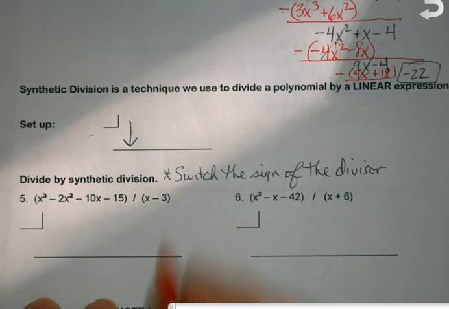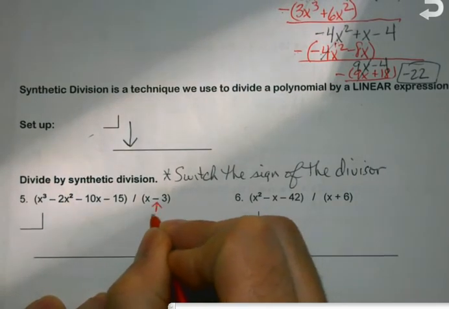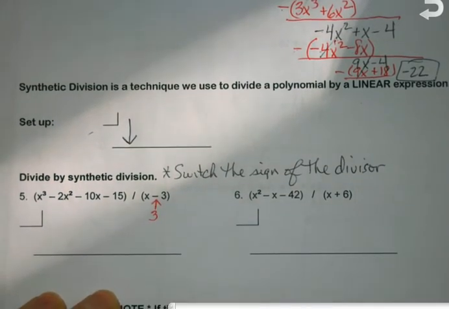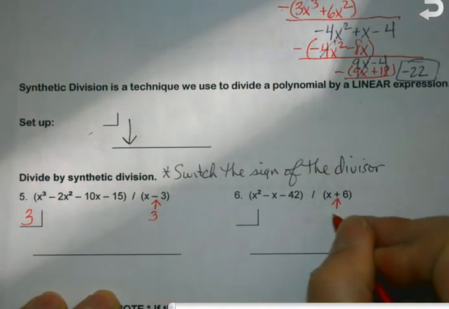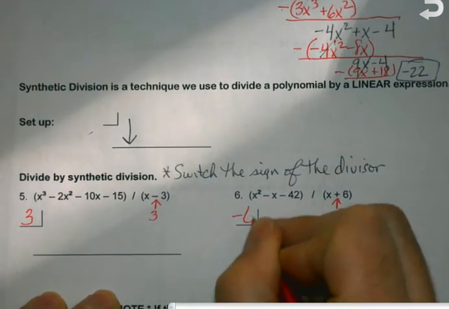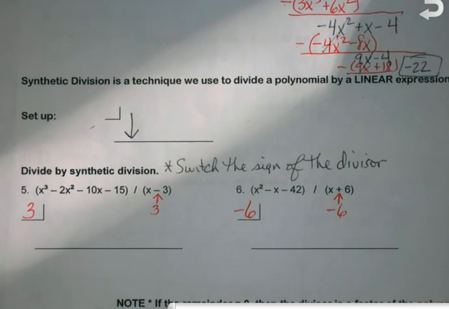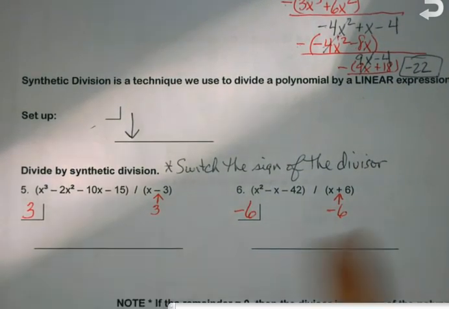So for instance, here, this one's going to become 3 that I divide by. This one's going to become negative 6. So whatever sign is in my divisor, if it's a minus, it's going to become plus. The plus is going to become minus.